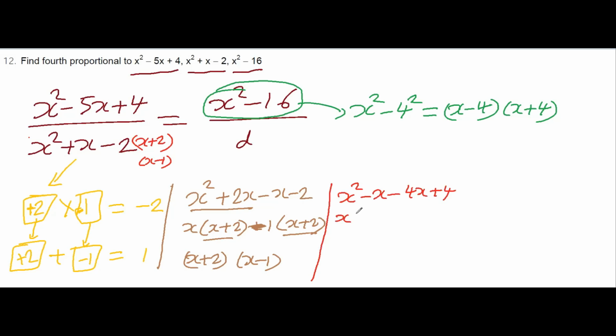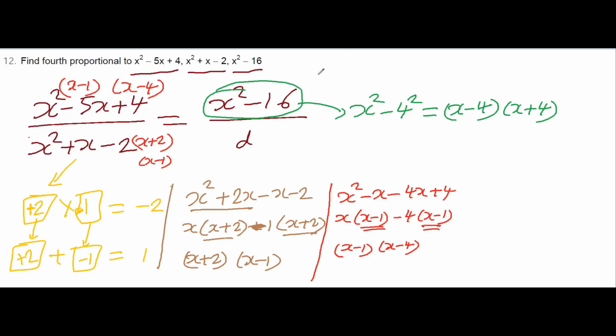From here x I will take common. I will get x minus 1. From here minus 4 I will take common. I will get x minus 1. From here x minus 1 is common. So I will write x minus 1 into x minus 4. So this I am writing here, x minus 1 into x minus 4.